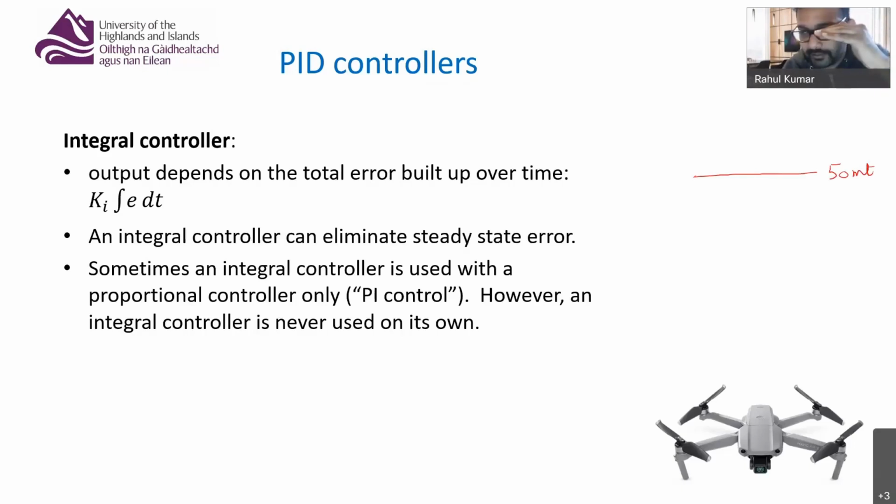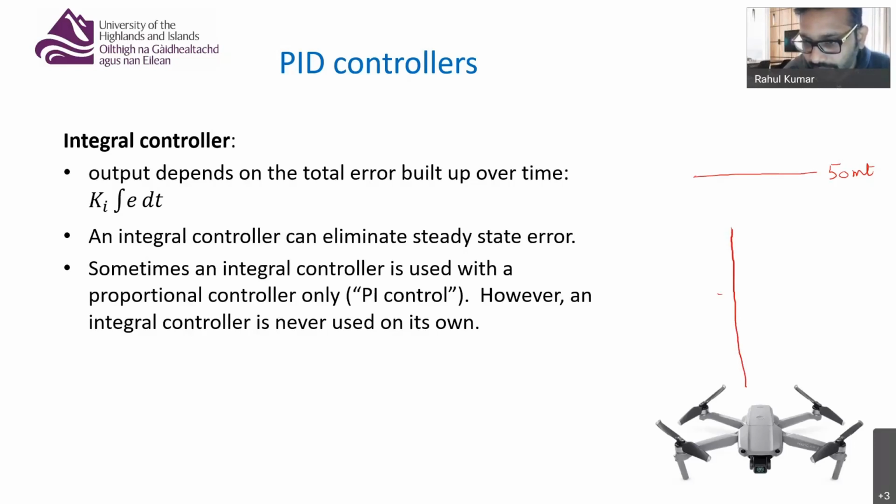It has to fly up to 50 meters and it has to stay at 50 meters. Now, if we are using a proportional controller, obviously at the beginning, the error is maximum, right? When the drone is at the ground level, the distance is 50 meters, so the error is maximum. So the drone will fly, or its speed or liftoff will increase, and it will move towards the finish line.